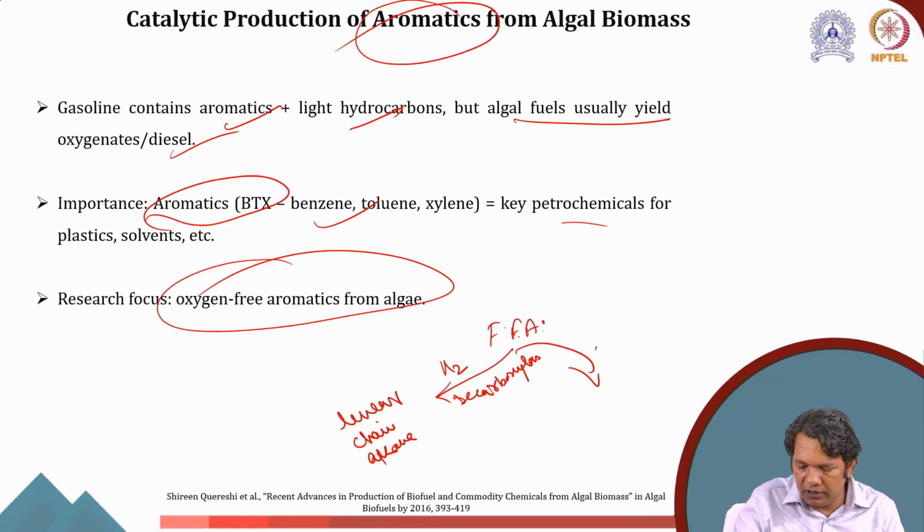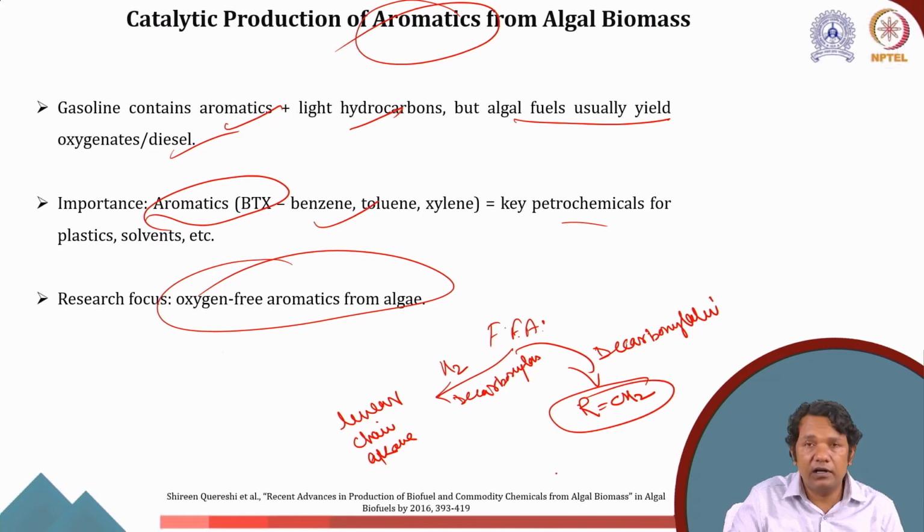Or if I go via decarbonylation, what I'll get is an alkene. Now this has a double bond. That means we can use it to make a wide range of polymers or biodegradable polymers as well.